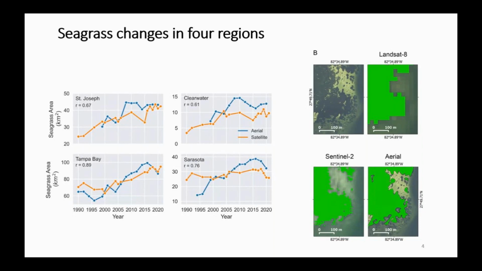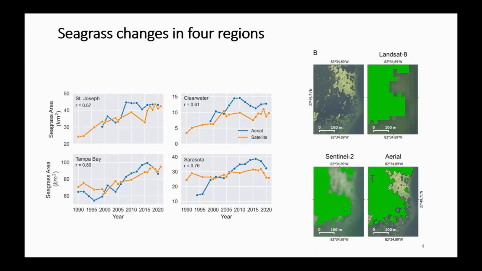As we can see in the images on the right, seagrass classifications using satellite imagery provide spatial data as raster files. That means it provides information pixel by pixel. And the pixel size is different among the satellite products. For example, for Landsat the pixel size is 30 meters by 30 meters, and for Sentinel-2 it is 10 meters by 10 meters.